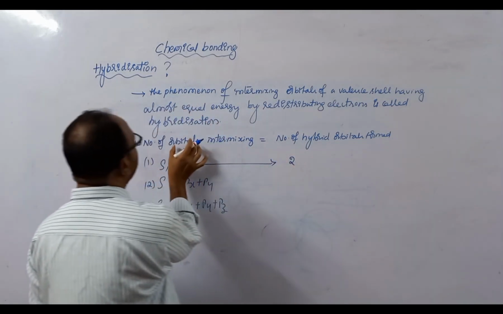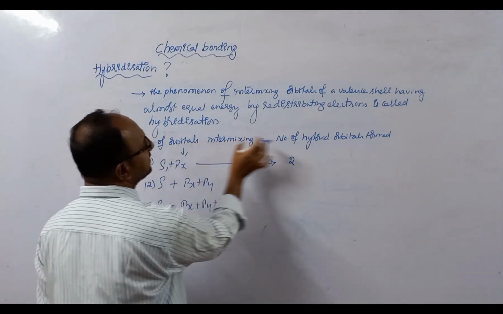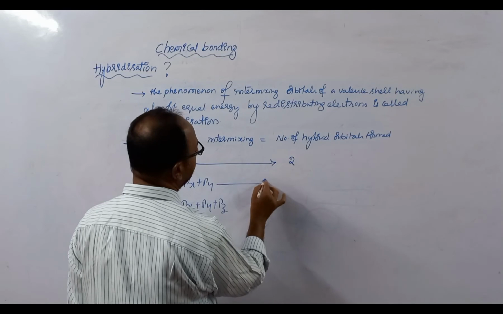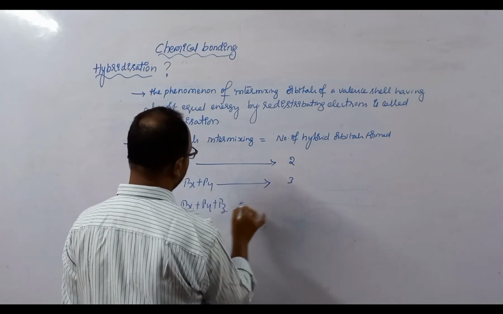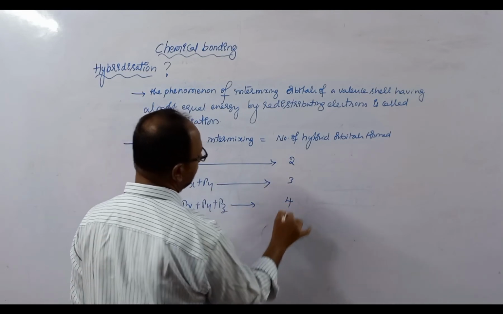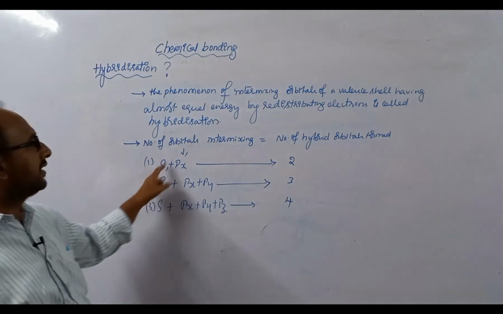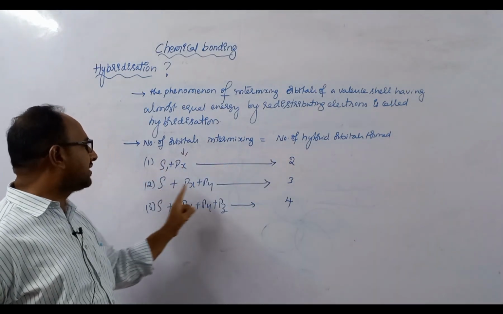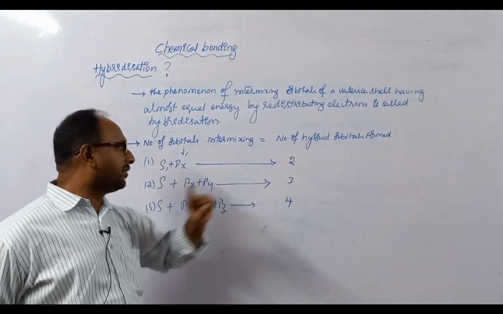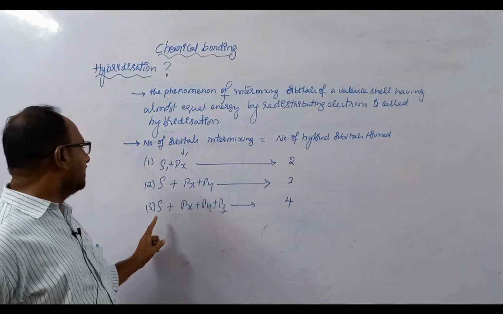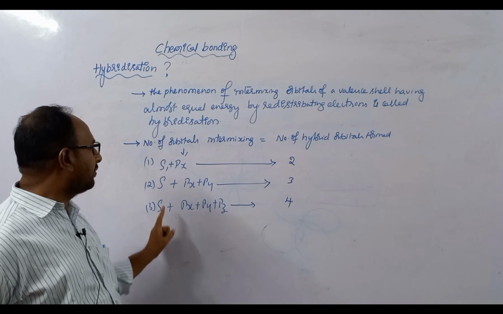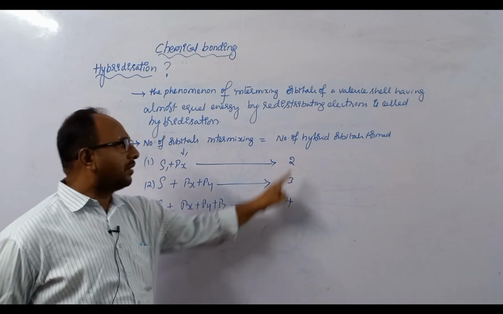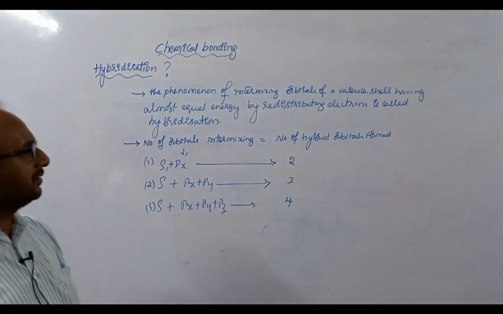If 3 orbitals intermix, 3 hybrid orbitals are formed. If 4 orbitals intermix, 4 hybrid orbitals are formed.